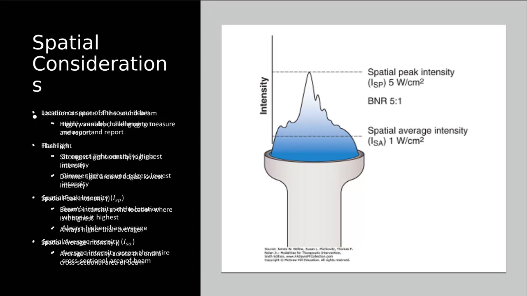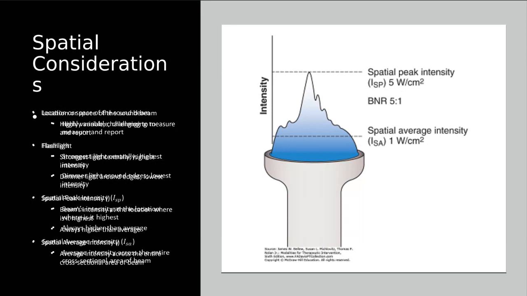Now, when we're looking at our spatial considerations, we can measure and report our spatial peak intensity. This is documented as ISP. This is when we are looking for the beam's intensity at the location of its highest. Anytime we're talking about peak, that means we want to find out what is that maximum value, what is the limit of that power in terms of space, and where did that peak occur, right?